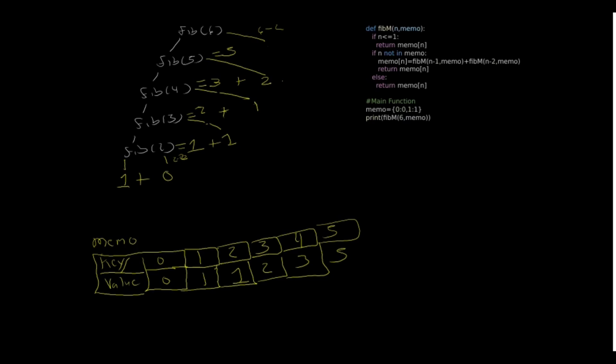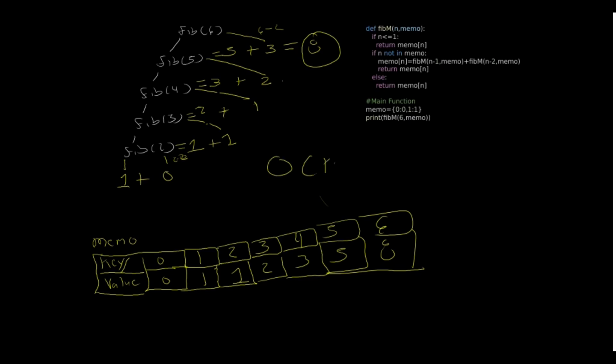Okay. So we get 4 here. We go to the index, and it's 3. So 5 plus 3 is 8. So 6 here, we get 8. And that's the end result.